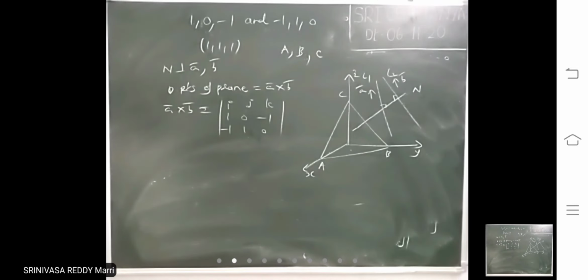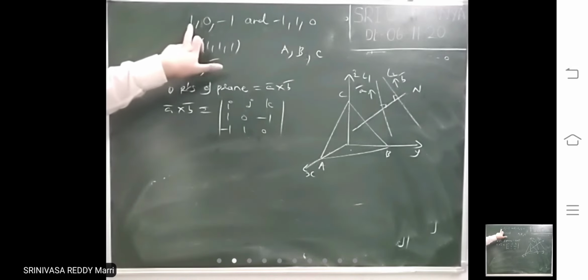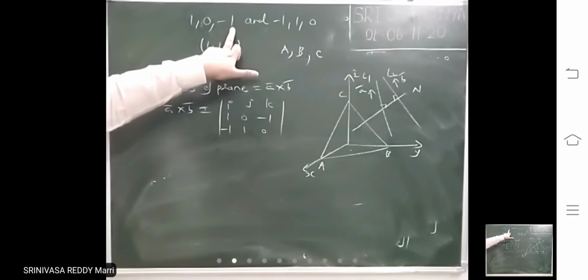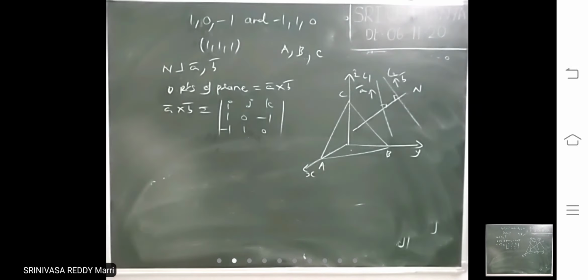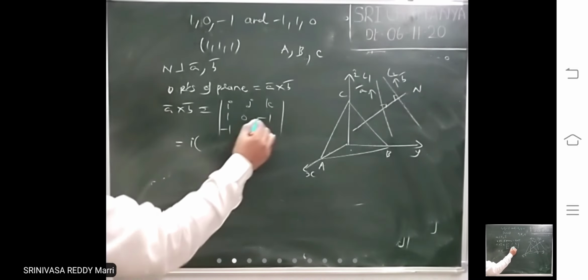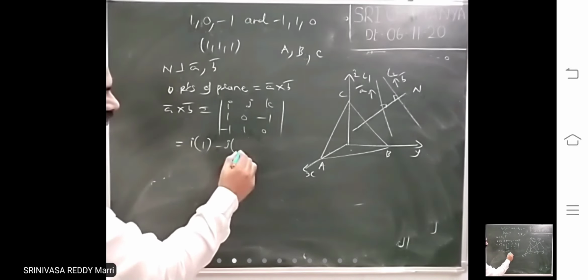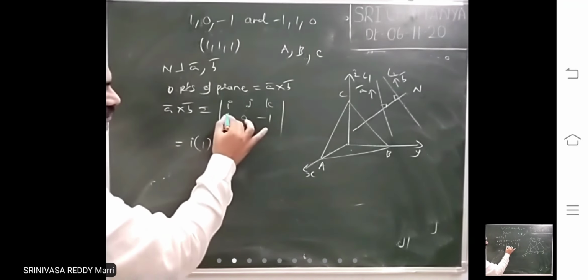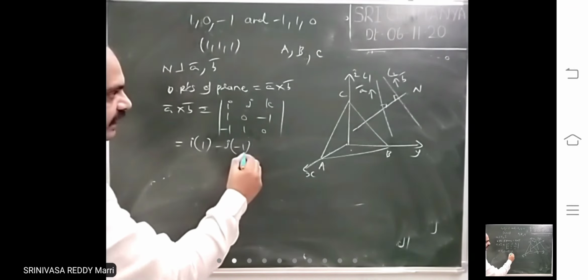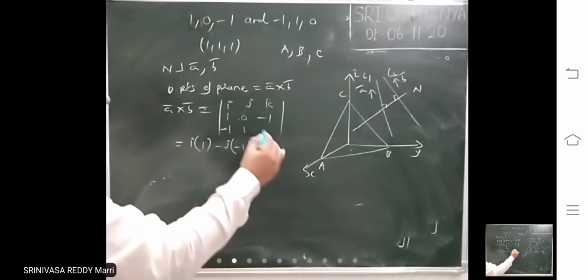This is i into (0 minus of minus 1), minus j into (0 minus 1), plus k into (1 minus 0).